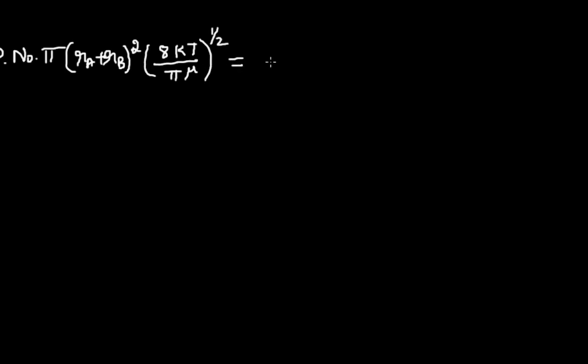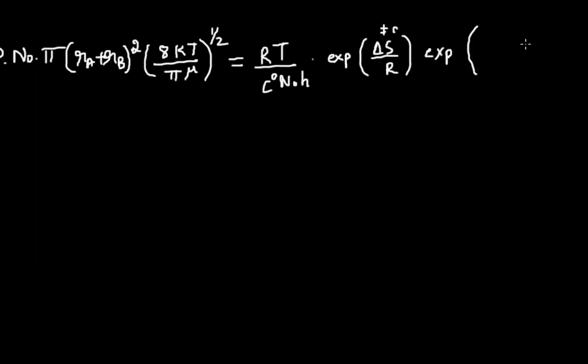P into N naught into pi Ra plus Rb whole square, 8 kT by pi mu to the power half is equal to RT by C naught N naught H exponential S naught by R, delta Ng minus R, right?